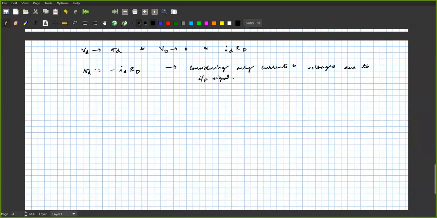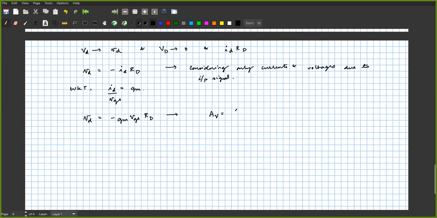And we know that id by vgs is GM. So substituting that there, vd is equal to minus GM into vgs into RD. Rewriting this equation, we get gain.